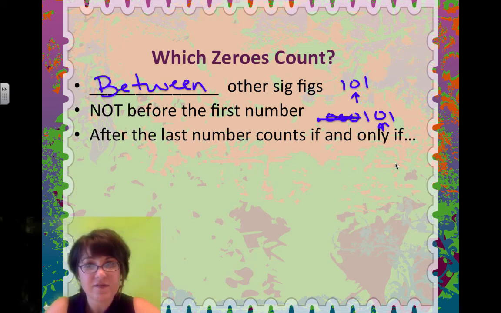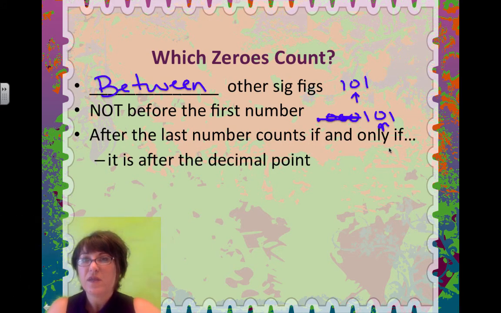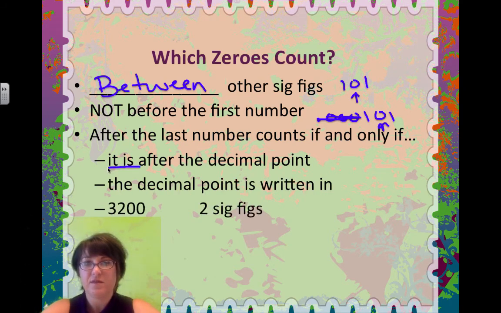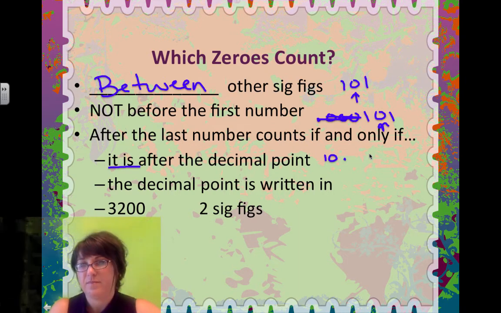I know, it's tough, isn't it? And then after the last number, the zero counts as significant only if it is after a decimal point and the decimal point is written in. So it has to come after a number and after a decimal point. So if I have a decimal, let's say I have 10.01000.